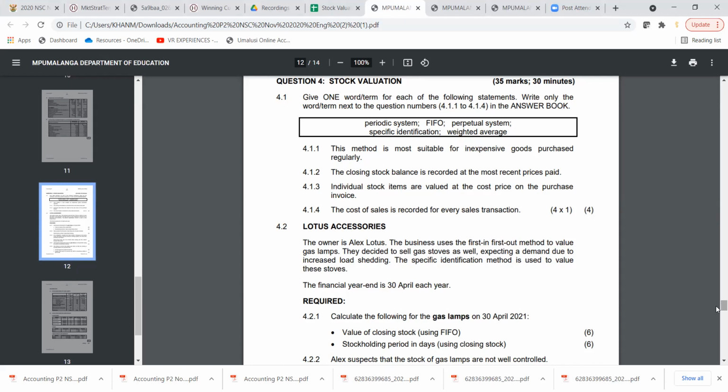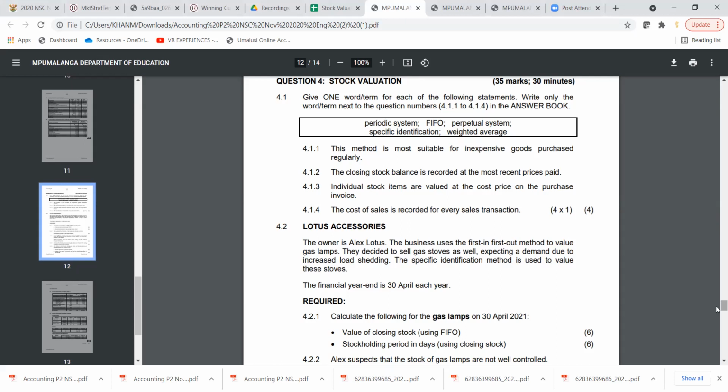So think about a car dealership. They don't sell cars often, like Pick n Pay sells bread. Pick n Pay sells bread a lot every day, and bread is inexpensive.